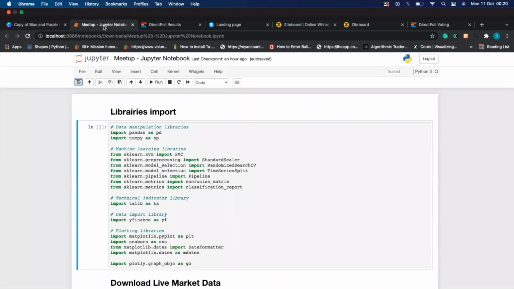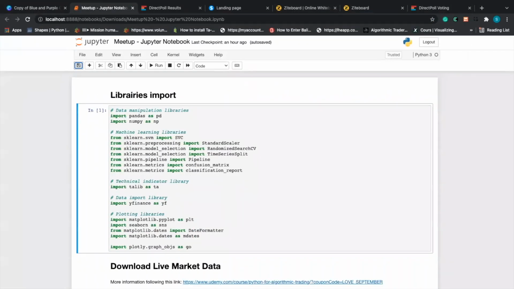I can send you the Jupyter link. I can't send you the Jupyter link directly within the chat. Let me take a look if I can send it within the chat.